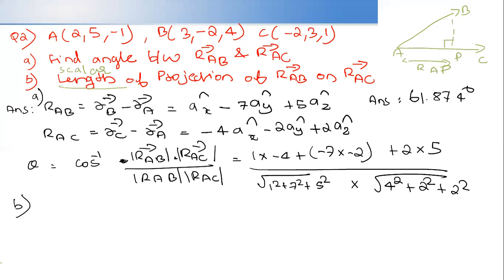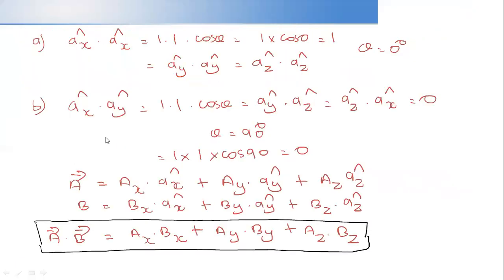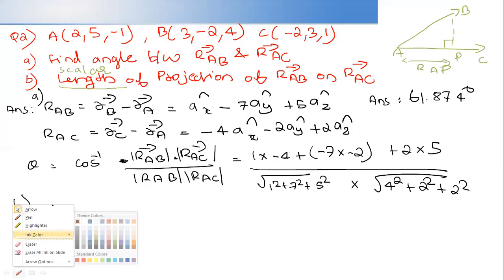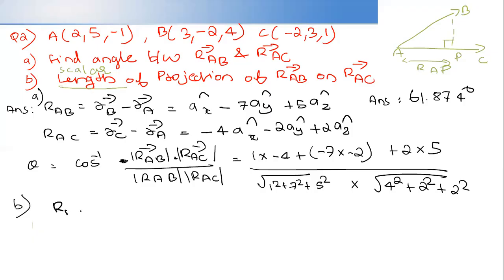We can write RAP is equal to vector RAB dot the unit vector in the direction of AC.